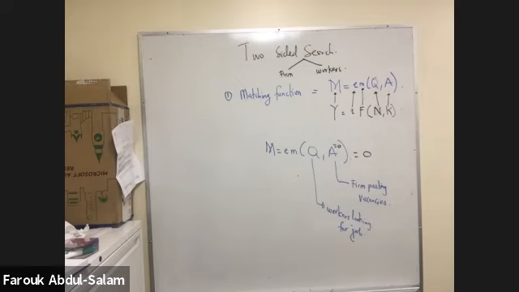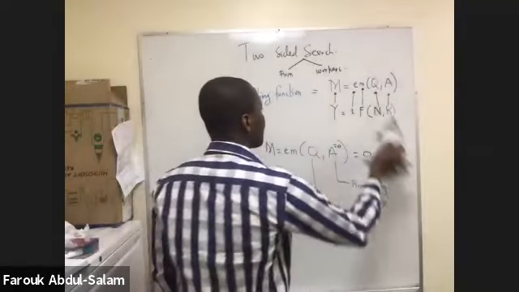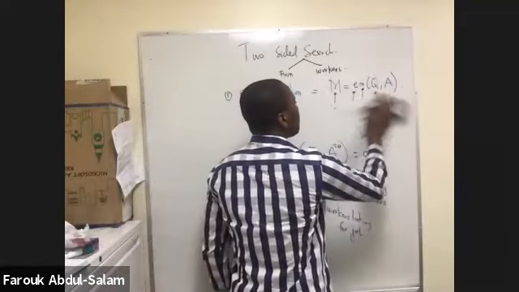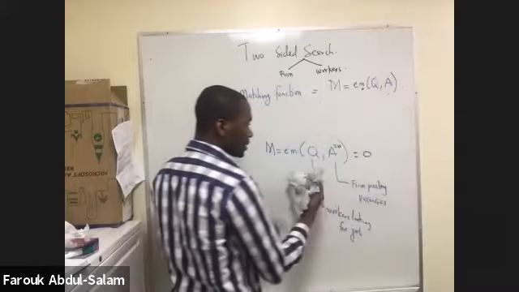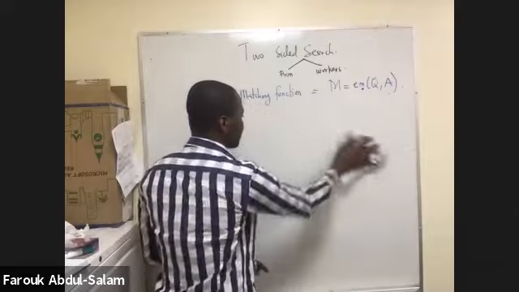If not, let's go ahead and have a look at the dynamics of the matching function. Now that we are done with the matching function, defining what it is, we are going to use the matching function to define what a probability is.